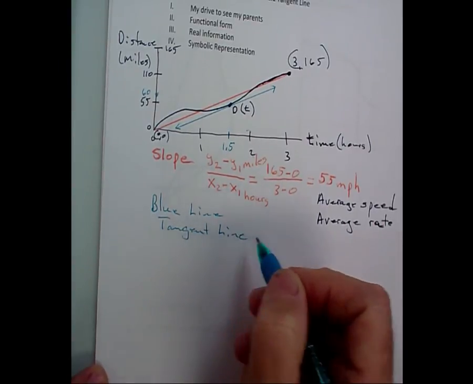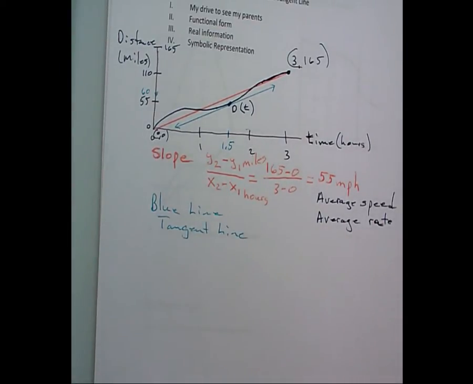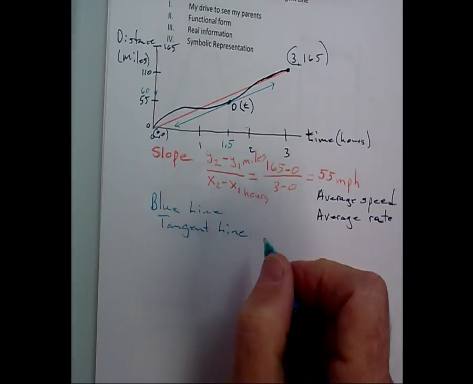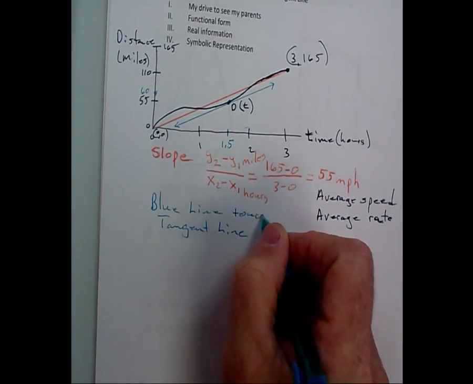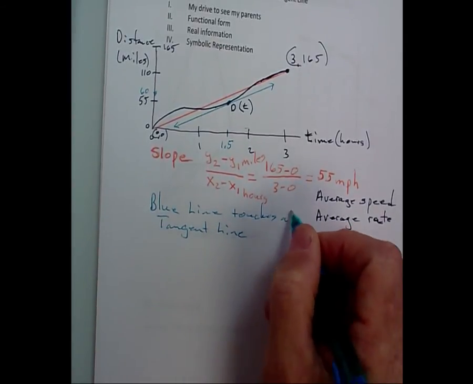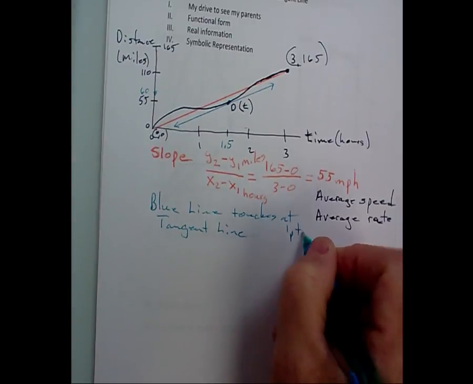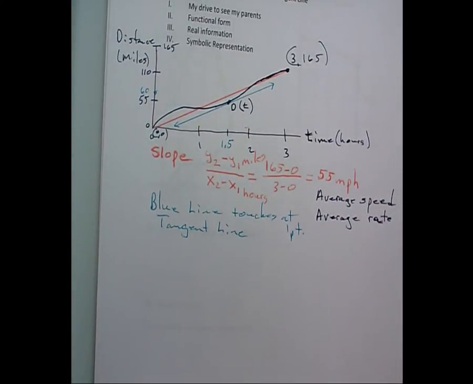It touches the graph at one point. Okay, it glances off the point. We're going to maybe tomorrow go in more depth about that. Anything else you want to say about that? Touches at one point. Anything else you want to say about that?